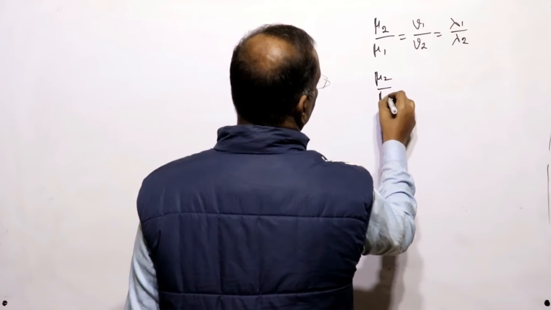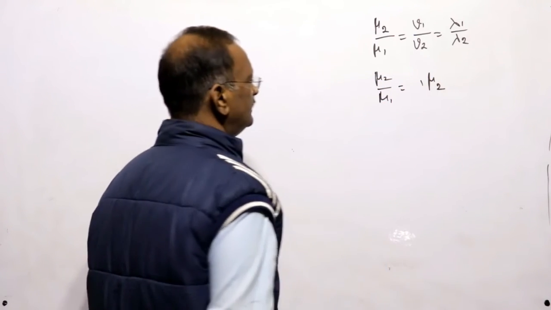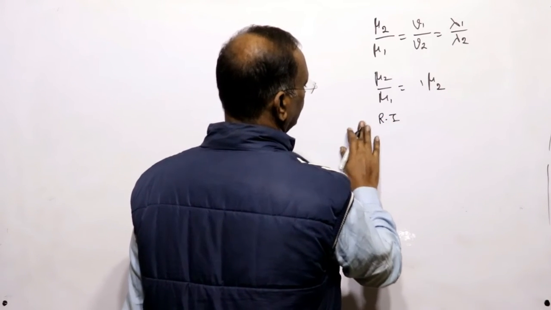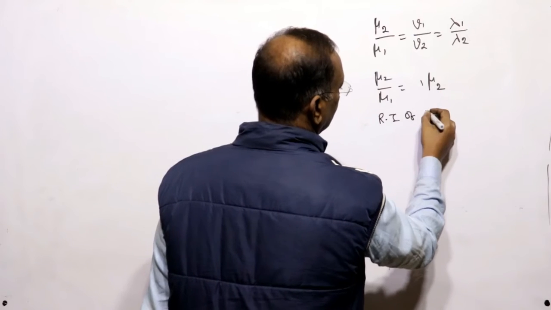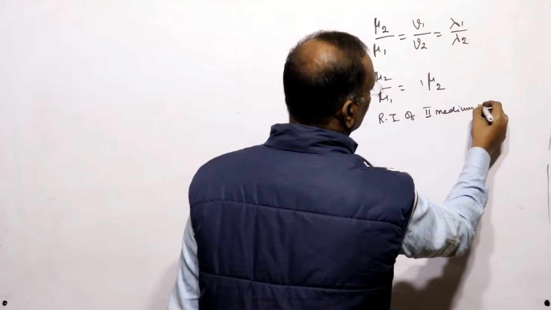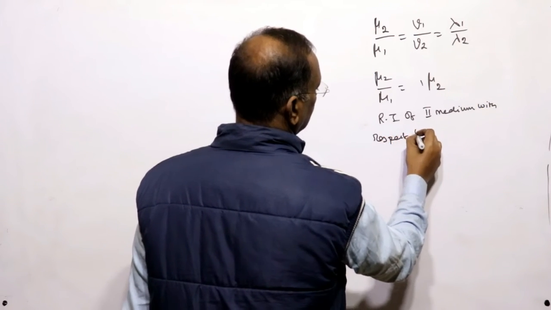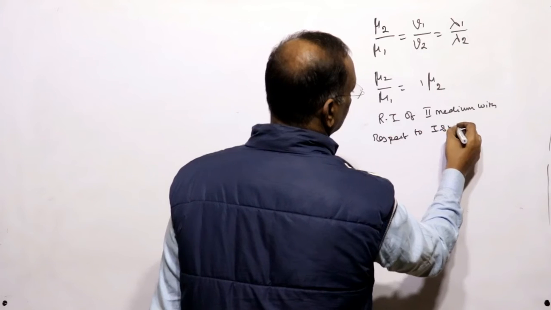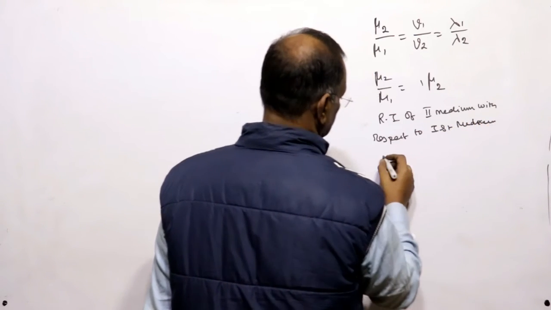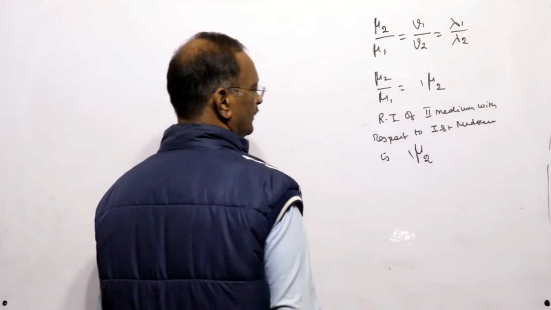Or mu2 by mu1 can also be written as mu21. It means this is to be read as refractive index of second medium with respect to first medium.